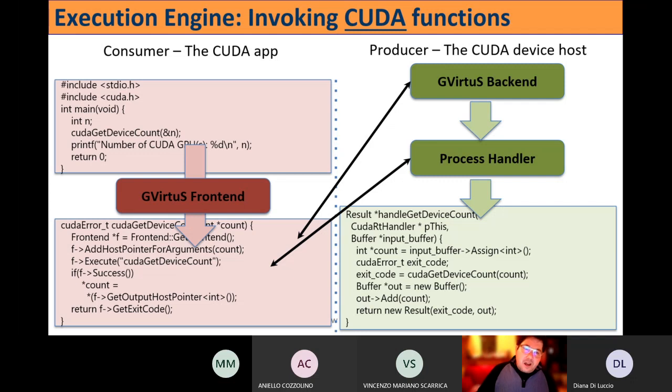Now, in the CUDA language, we use the name host for the machine that holds the physical GPU, and we call device the GPU, because imagine the GPU is a coprocessor. That means it's seen as a different device on the host machine. Here in GVirtuS we have a problem with names, because we deal with virtualization.